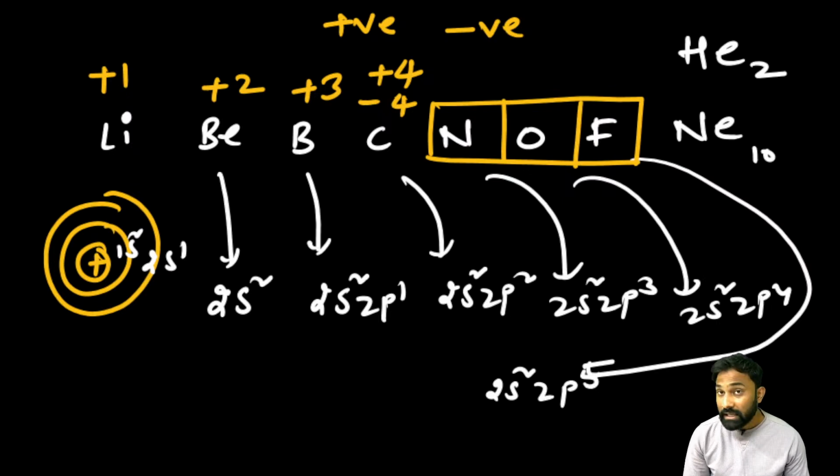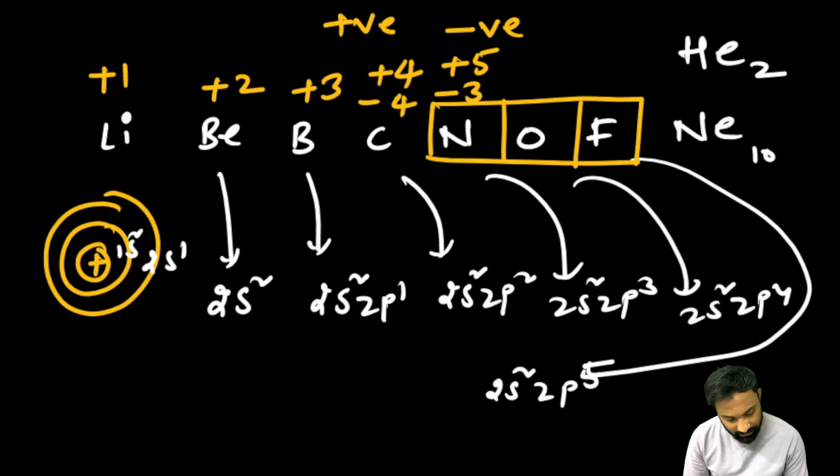Now we'll see here nitrogen, how many electrons will it lose? Nitrogen can lose 5 electrons to reach helium, and to reach neon it is 3. Gaining of 3 is easy or loss of 5 is easy, but nitrogen can show +5 oxidation state as well as -3 oxidation state.